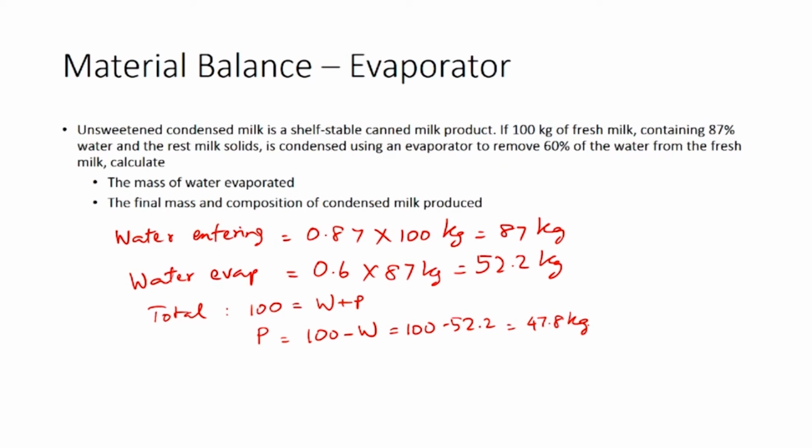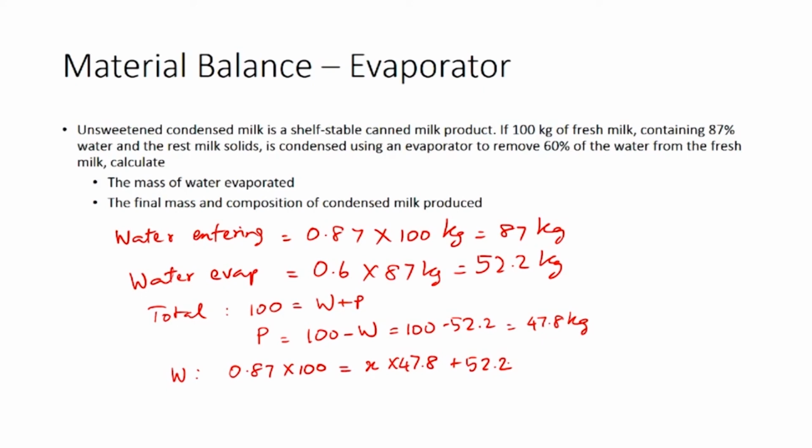We still need to calculate the composition of the milk. So, writing a component balance for water, we would be able to get 0.87 times 100, which is entering through the fresh milk, is equal to x times 47.8, where x is the concentration of water in the condensed milk, plus 52.2, which is the mass of water which has been evaporated from the system.